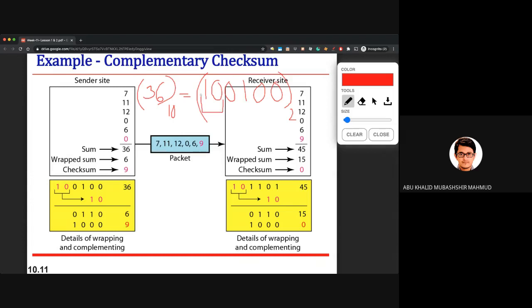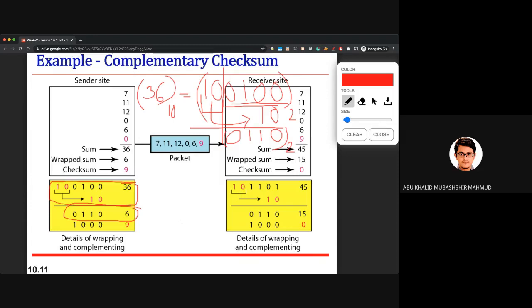So the extra most significant bits, the 5th and 6th bits, we consider as the extra bits. We add these extra bits to the least significant 4 bits, and after adding, we get the value 6.